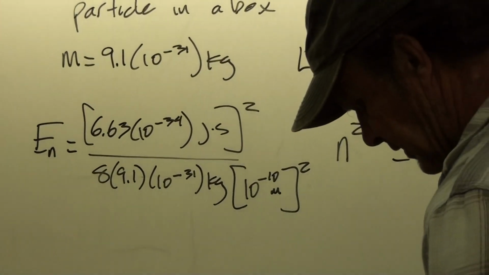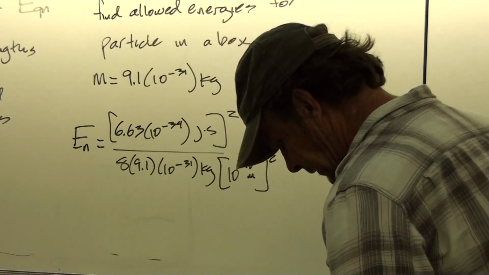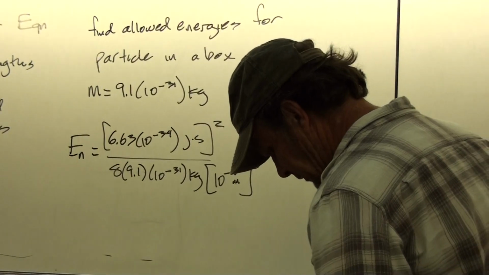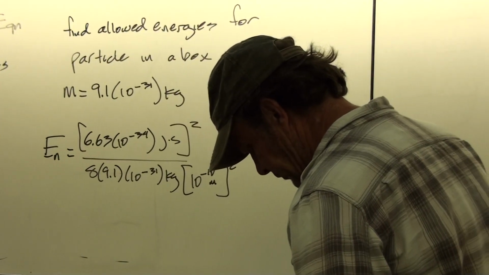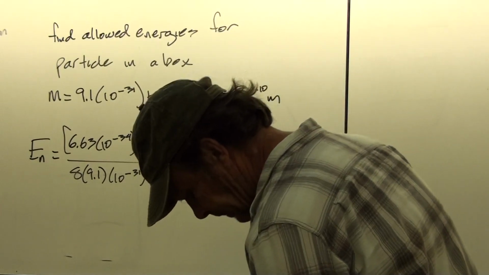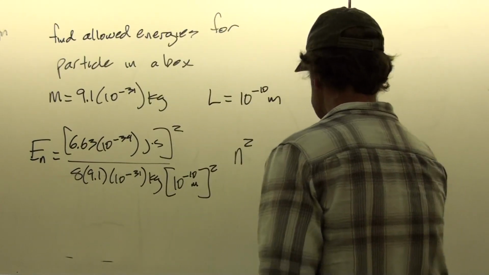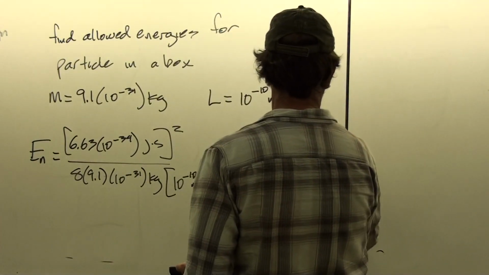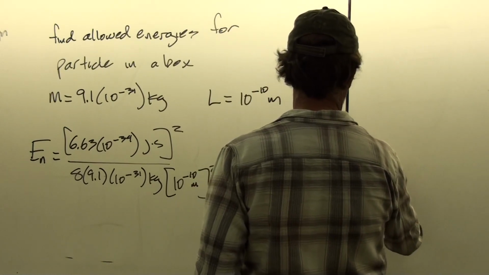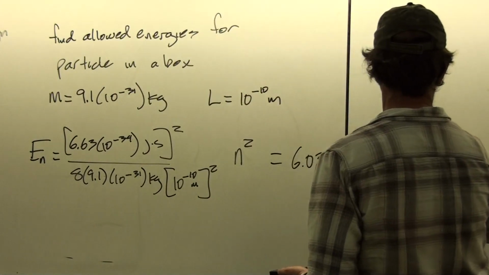That gives me 6.03 times 10 to the minus 18 joules times n squared.